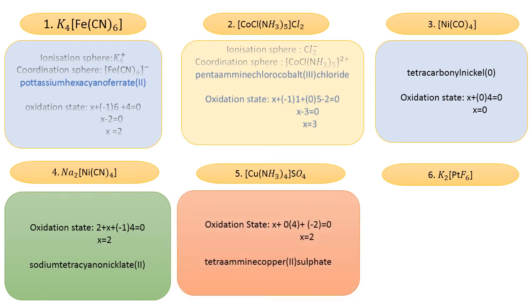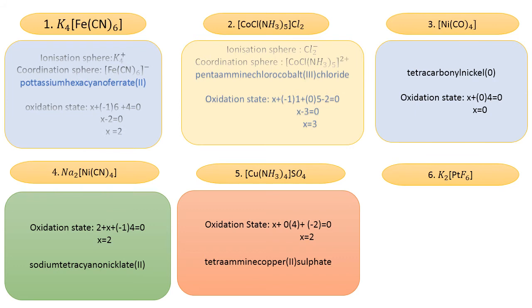In the next example, the oxidation state can be found out by taking copper as X, plus amine 0, plus minus 2, because the charge of SO4 is minus 2. SO4 2 minus, so minus 2, is equal to 0.